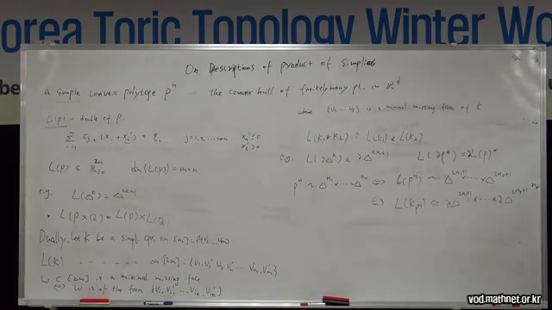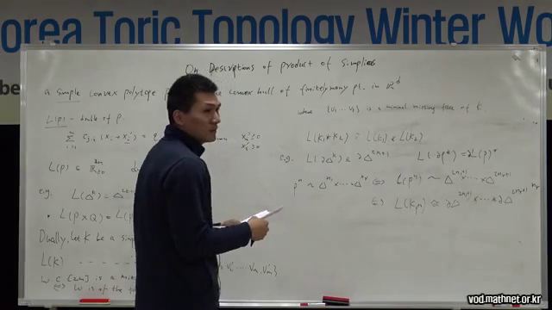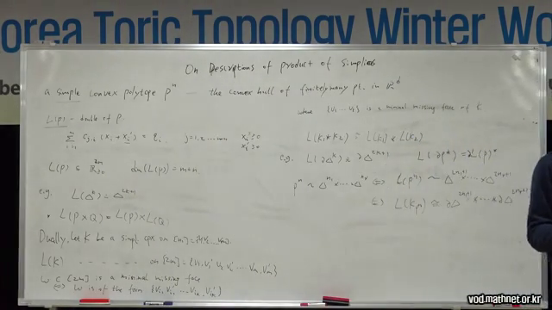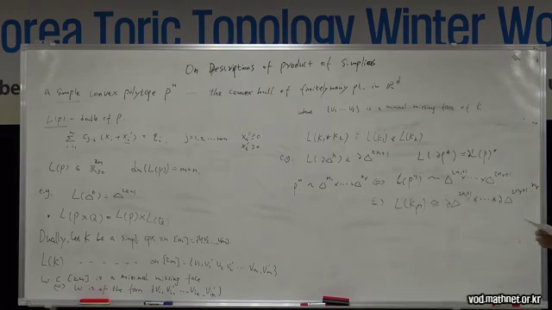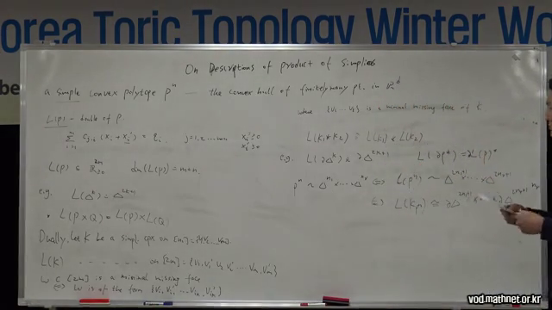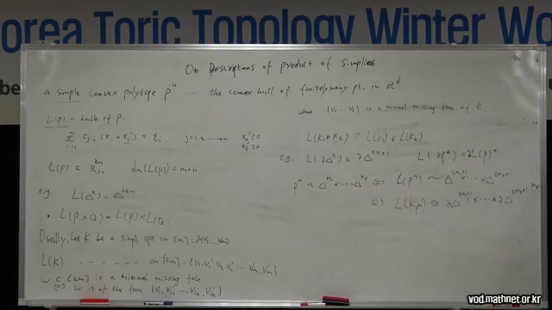So if LK is isomorphic to LK', then K and K' correspond to each other. So these are obviously equivalent. But these things are not really new. I mean, it's just another way to say P is a product of simplices.